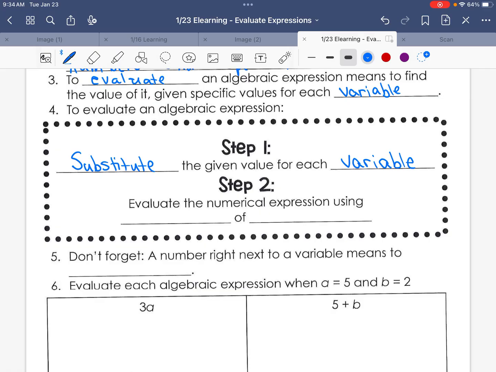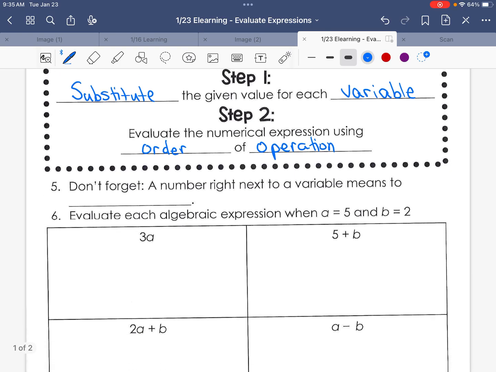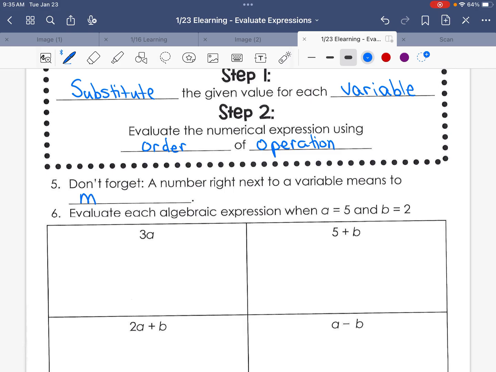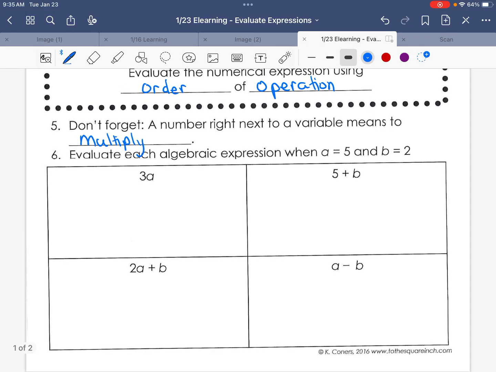It's numerical now because we just have numbers in it, using order of operations. Don't forget, when we are evaluating, a number right next to our variable means that we are going to multiply. Again, now might be a good time to pause the video and finish filling in your notes, and then we will look at how to evaluate each algebraic expression.